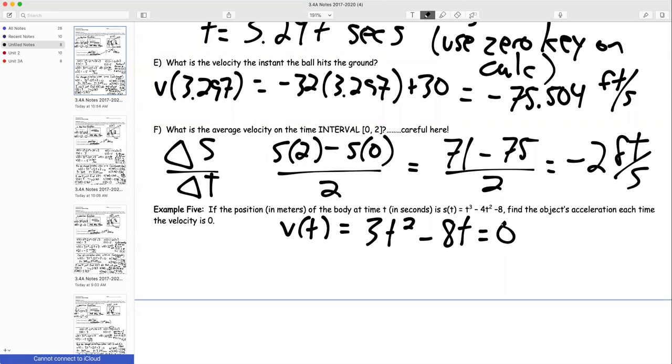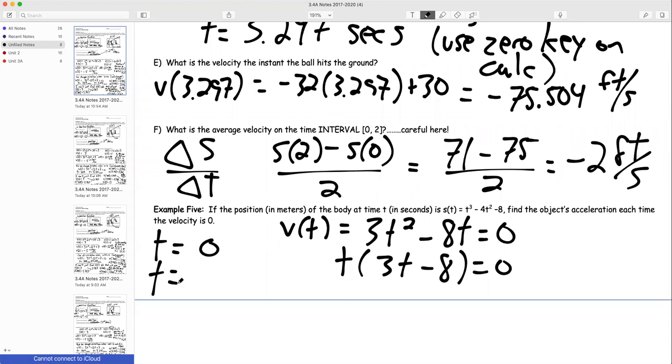Now what? I'm going to factor a t out, and that's going to give me t times 3t minus 8 is equal to 0. So now I know that there are two times when the velocity is equal to 0. The first one is t equals 0. The second one is at t equals 8/3.